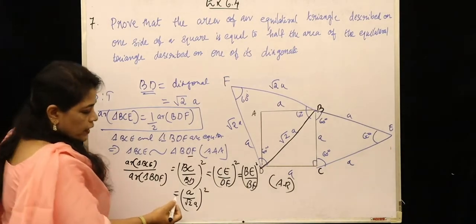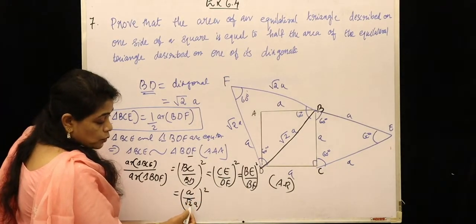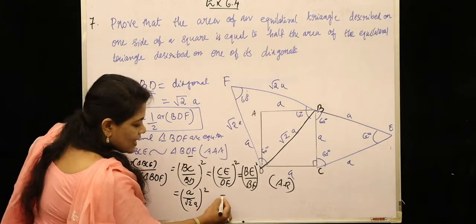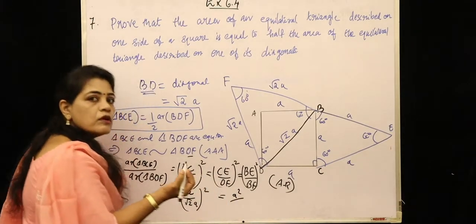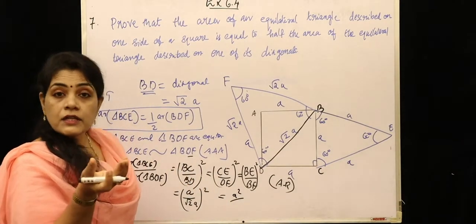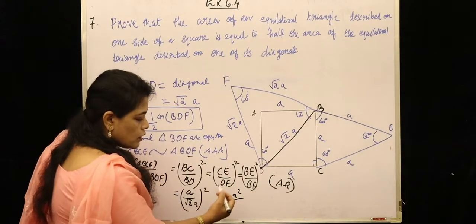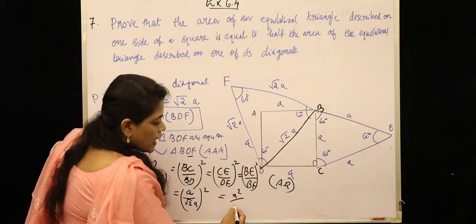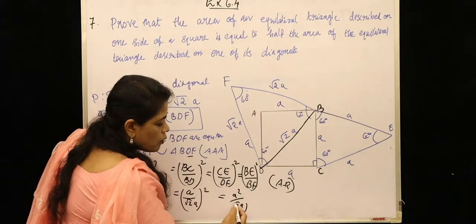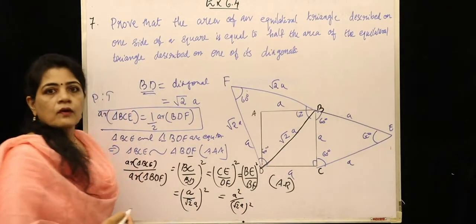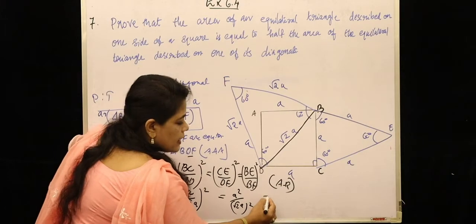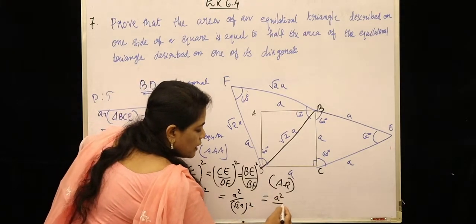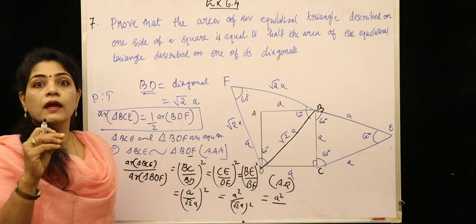Children, here what can we do? A by B whole square is A square by B square. So we take the square for both the numerator and the denominator. A square divided by root 2 into A whole square.